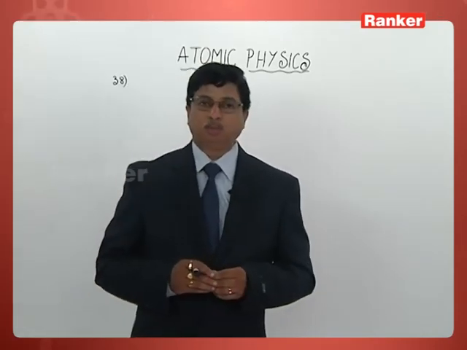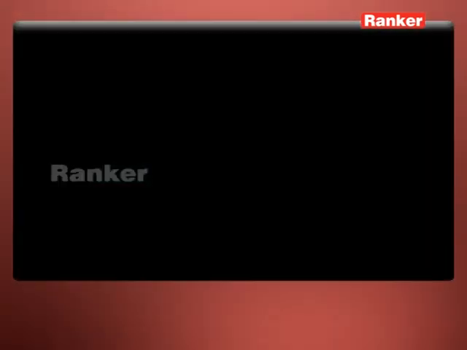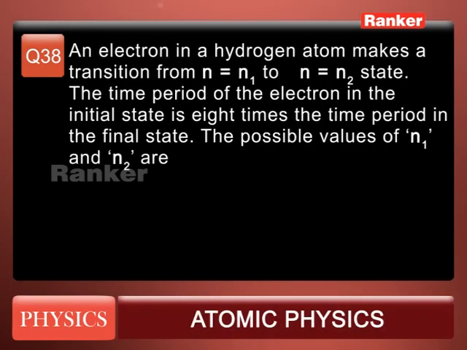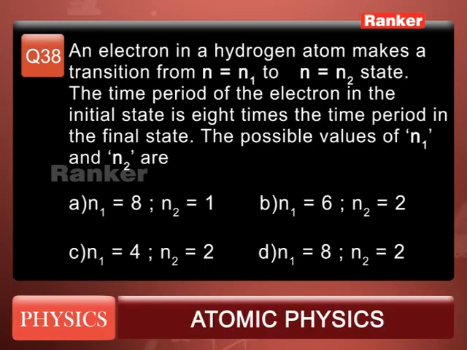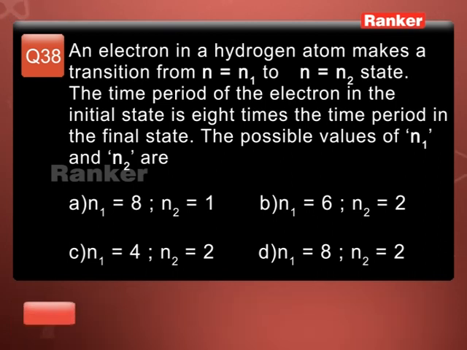Switch over to problem number 38 now. An electron in a hydrogen atom makes a transition from n equal to n1 to n equal to n2 state. The time period of the electron in the initial state is 8 times the time period in the final state.